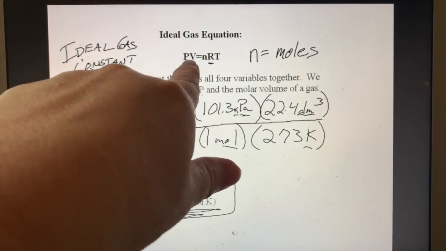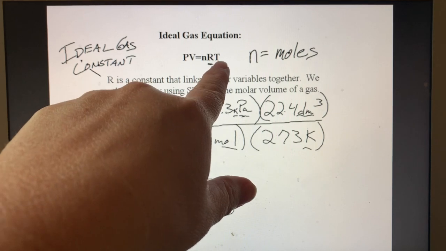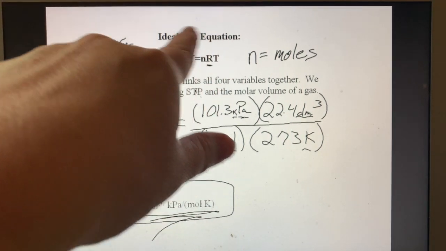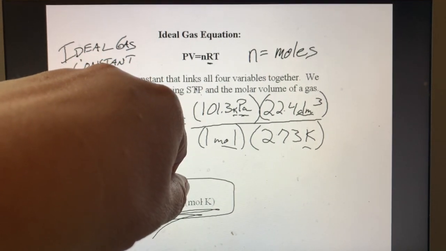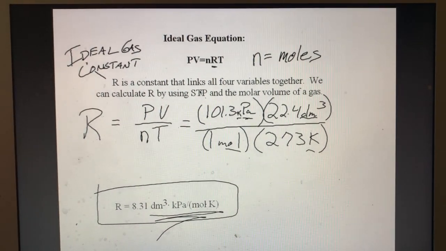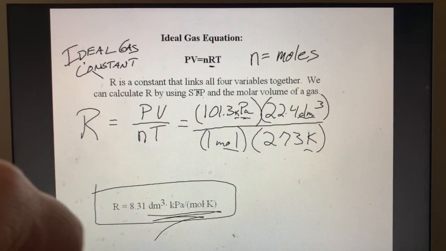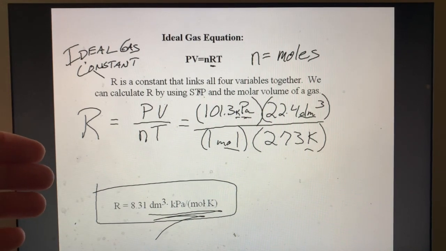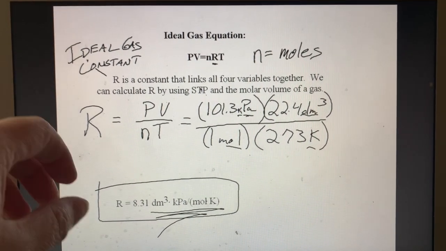In order to relate pressure, volume, temperature, and the number of moles, we need a constant that can relate all 4 of those variables. We call that constant R. It is the ideal gas constant. And I'm going to show you one way to calculate that. You're not going to have to calculate this. The R will always be given to you.